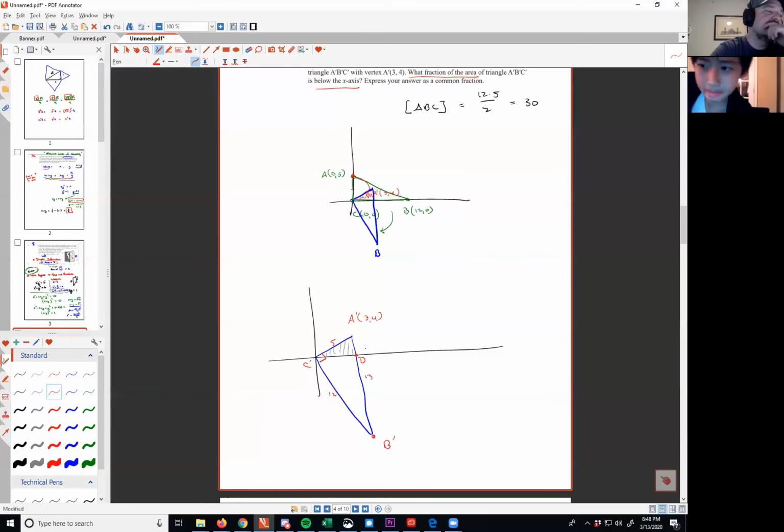What is the height? A prime to some point on the x-axis, creating a right angle. Yeah, by the way, I actually kind of drew this wrong. I made it like it was 4-3. Should be slanted a little more up like that.